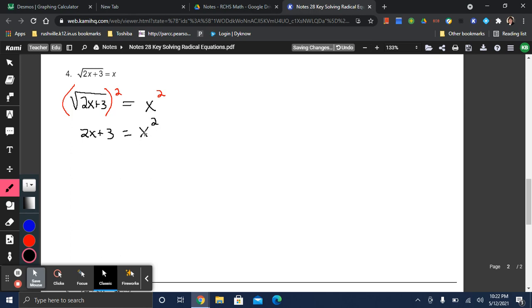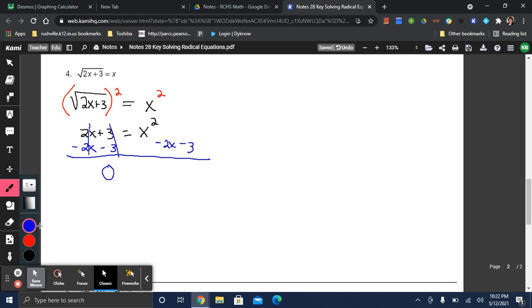So when we have this situation, when you have a square, you have to get the equation equal to 0 so that you can find your a, b, and c. I like to keep the x squared positive, so I'm going to subtract 2x, and I'm going to subtract 3, so that 2x minus 2x is 0, 3 minus 3 is 0.